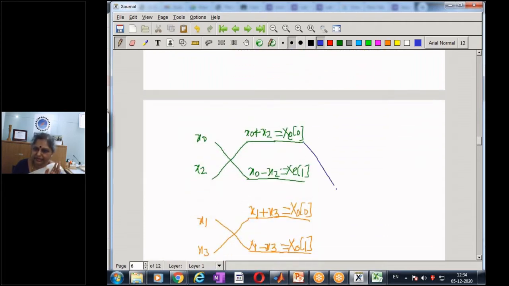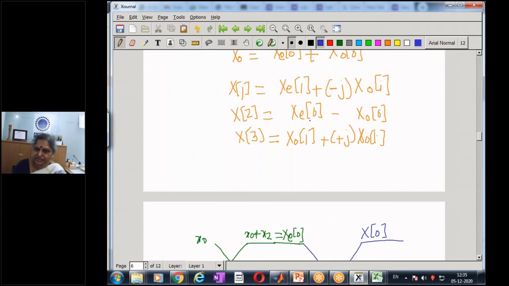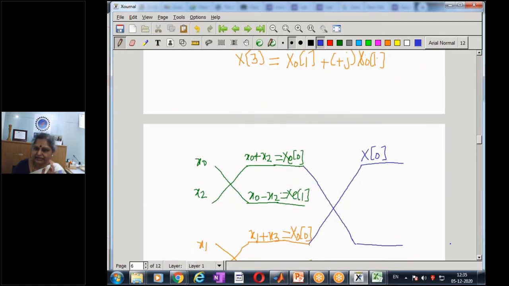So I add this and this, and what I will get is x of 0. And similarly, when I subtract, x2 is this minus this, and then I get it as x2.